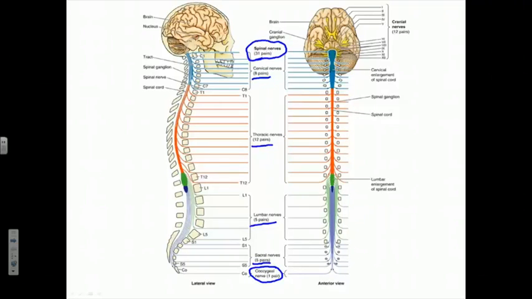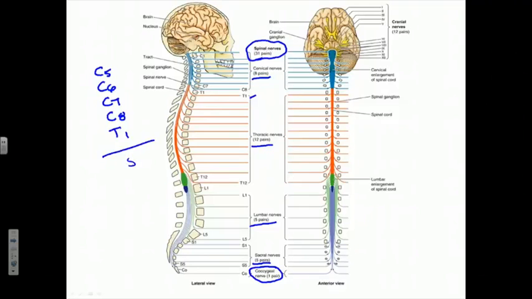So the spinal nerves that are going to be particularly relevant to us, because they serve as the innervators of the upper limb, will be several of the cervical spinal nerves and the first thoracic spinal nerve. Because we're going to see as we go forward in this conversation that the cervical spinal nerves that provide the innervation to the upper limb are the cervical spinal nerves C5, C6, C7, and C8, along with the first thoracic spinal nerve.